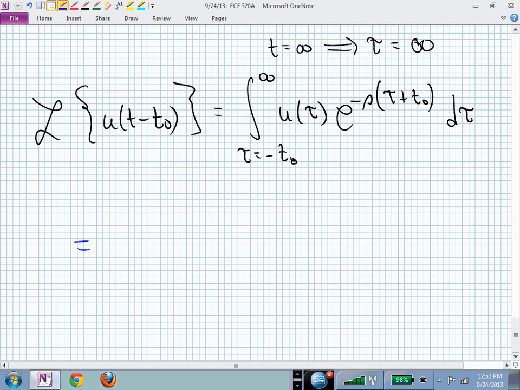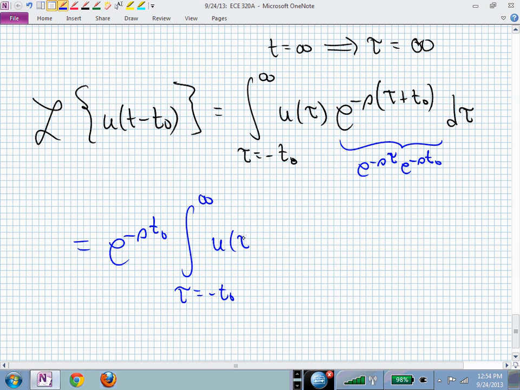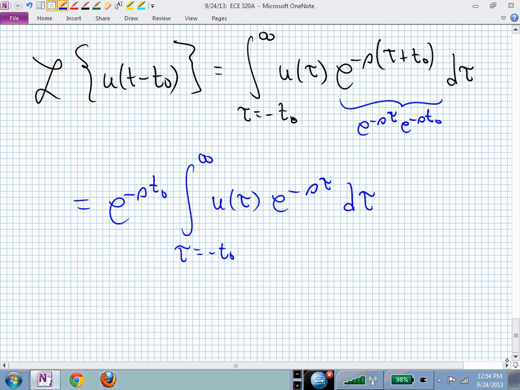That allows me to factor out that e to the minus s t0 from the integral. And now that should be looking similar to what I had done before, except the lower limit. Darn it. That wasn't minus t0 before, was it?